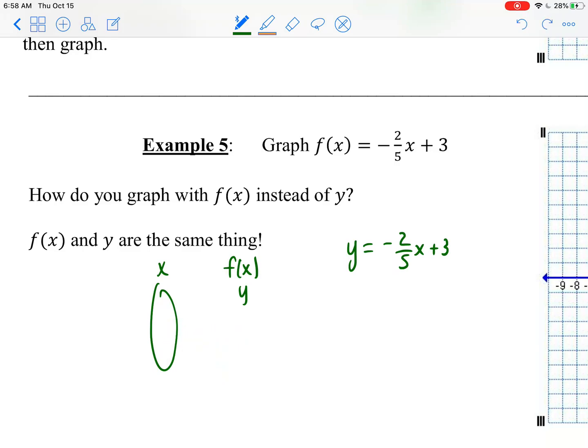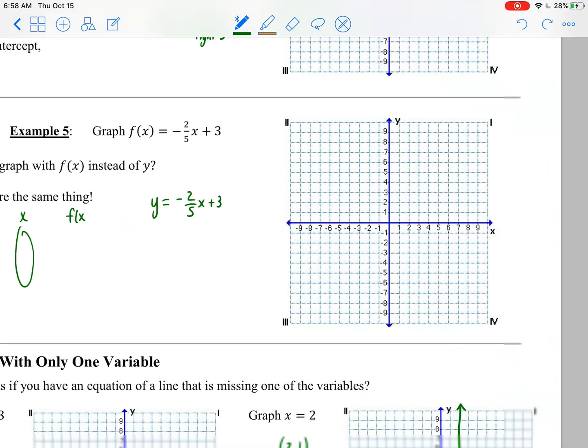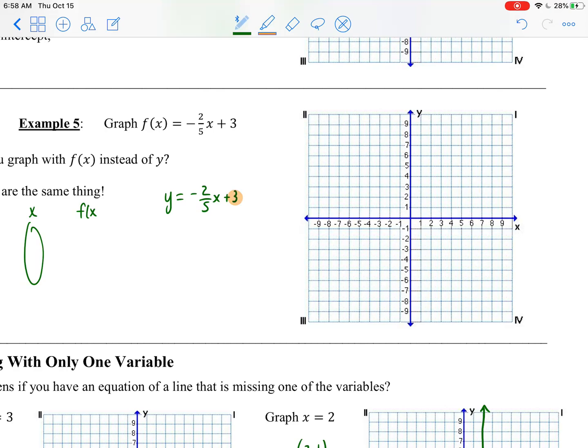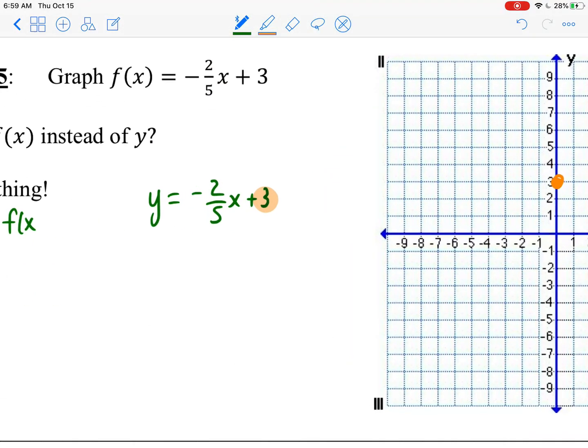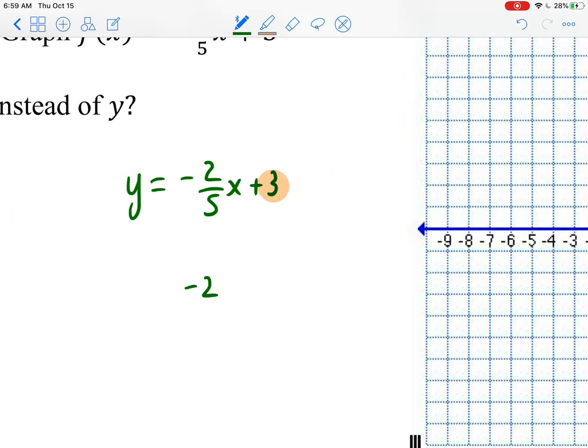Okay, so when you graph this then, what are we going to do? So we're going to start at 3. So 3 is our starting point. And then what does our slope tell us to do? So our slope is negative 2 over positive 5. Typically, if there's a negative, I put it in the top part. Okay, so this means down 2, right 5.